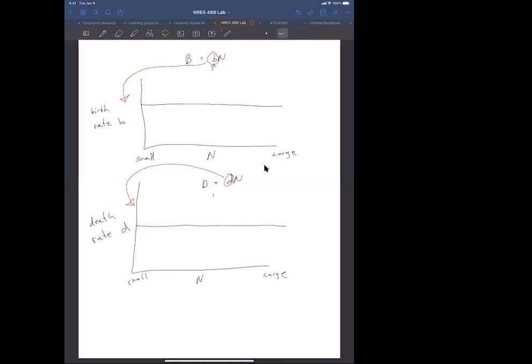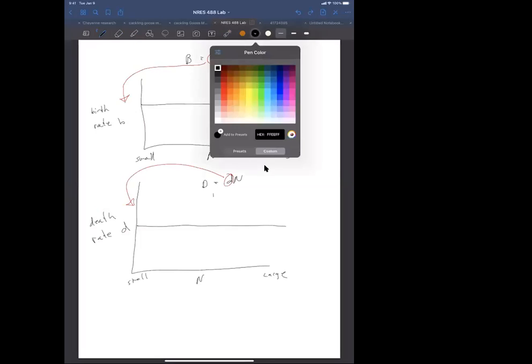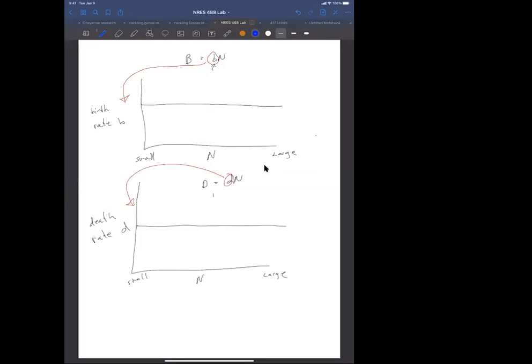A logical extension to that model is to assume that as population size increases, birth rate decreases. So let's make this blue here. As population size increases, birth rate is going to decrease. Or maybe it starts off at this intercept here and decreases.